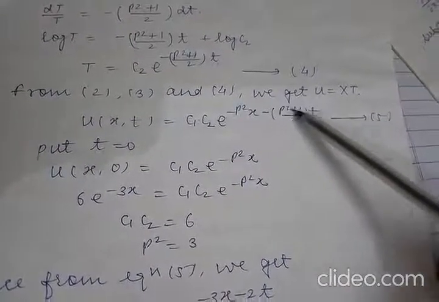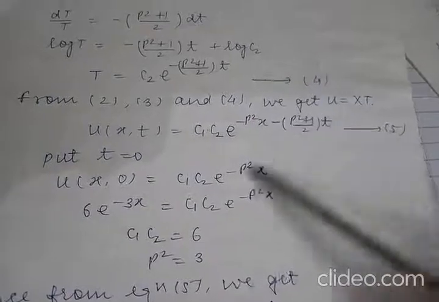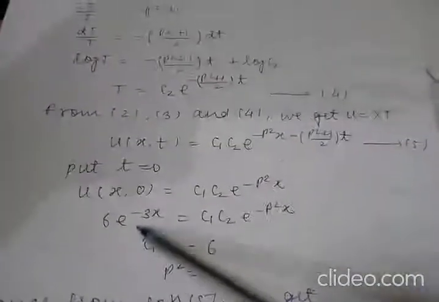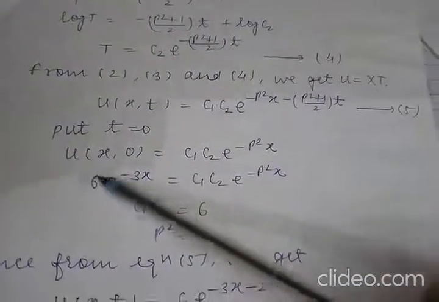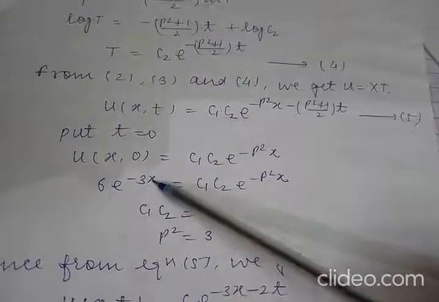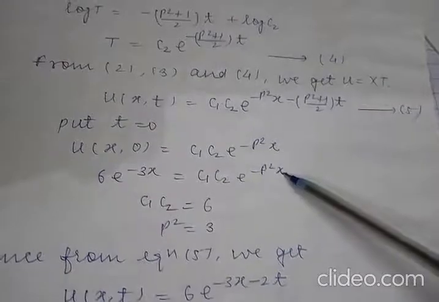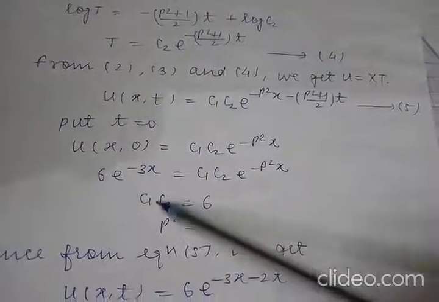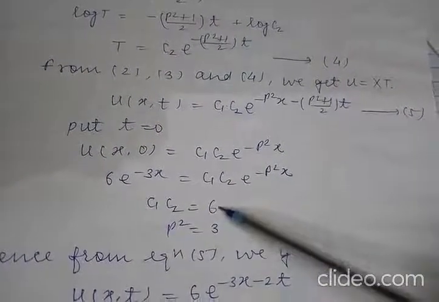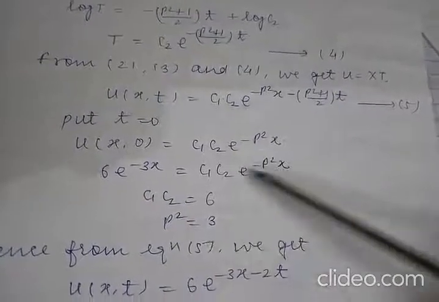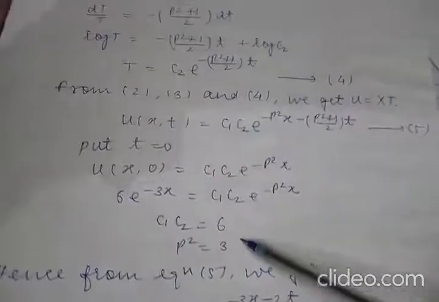Here t is equal to 0, so this whole function goes to 0. Now u of x, 0 as given in the boundary condition is 6 e to power minus 3x, which is equal to c1 c2 e to power minus p square x. On comparing we will get c1 c2 is equal to 6 and p square is equal to 3.